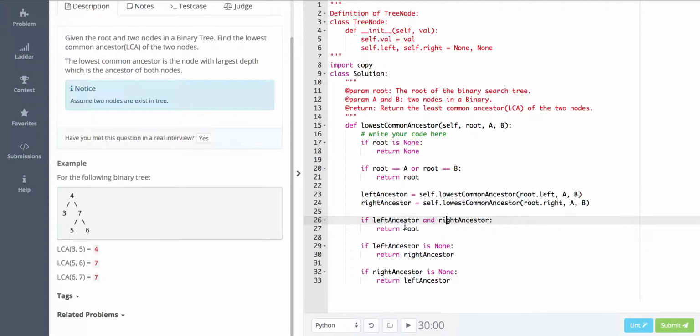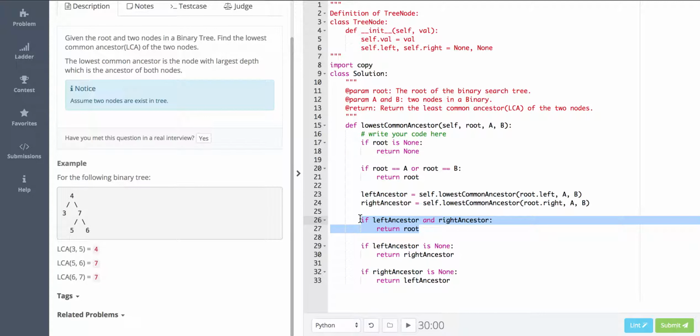First, we're going to check if we found a common ancestor in the left tree, and also if we found one in the right tree. If both exist, what does that mean? You cannot have a common ancestor in your left tree and, meanwhile, in your right tree, right? It does not make sense. So that means, okay, cool, they're not both in one subtree.